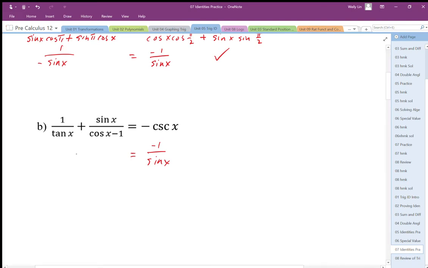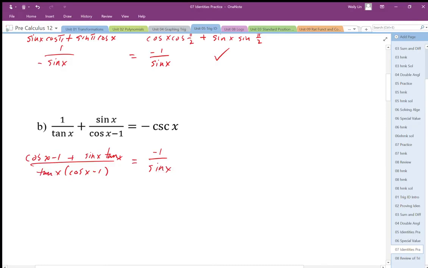Okay, so I'm going to do this. I'm going to end up with cos x minus 1 plus sine x tan x, and that's all over tan x times cos x minus 1. Okay, so just straighten that out a little bit. Well, it doesn't look like I've gotten really too far with this, but I do know that tan x has a sine x in the numerator, so that seems to match.